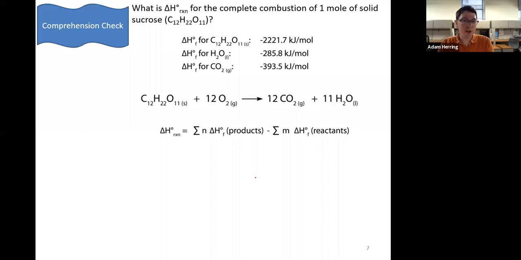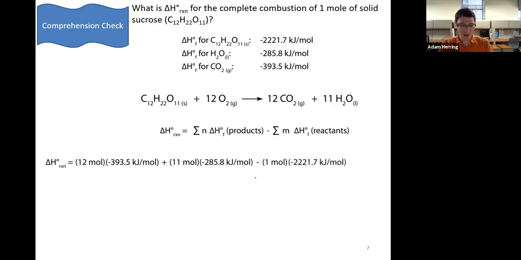Our products are carbon dioxide and water. So we take 12 carbon dioxide times its standard enthalpy of formation plus 11 water times its standard enthalpy of formation. And we subtract the standard enthalpy of formation of the sucrose.